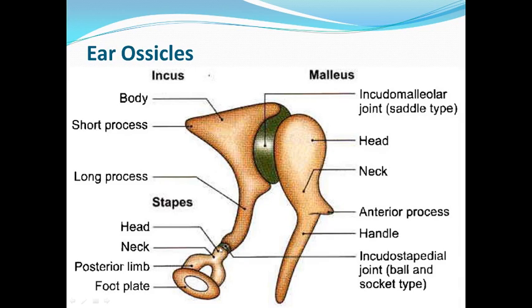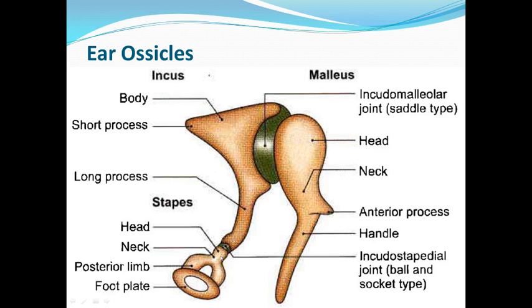The topmost part, which is articulating with the lentiform nodule of the incus, is the head. The head is small and has a concave facet, which allows the attachment with the lentiform nodule of the incus. Then we have the narrow neck.